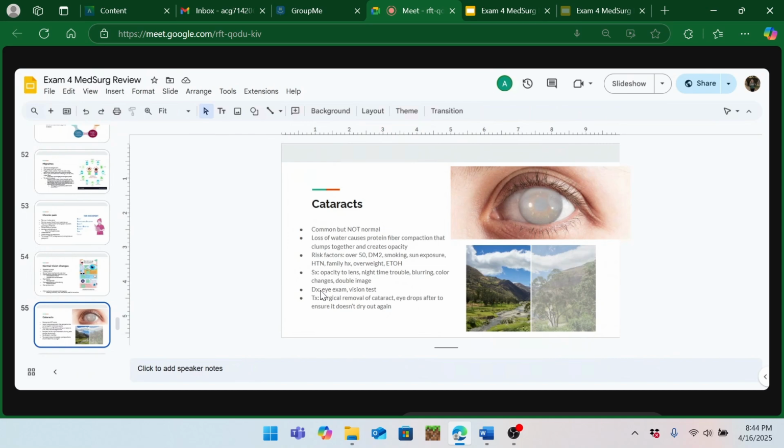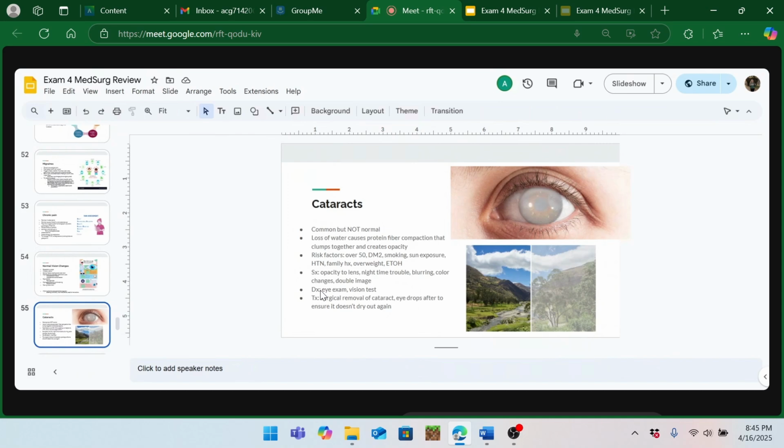Cataracts is common but not normal. She likes to use the word normal a lot, so know that. Basically, a loss of water causes the protein fibers to compact, and then when they clump together, you can't see through them. Risk factors are older age, diabetes, smoking, sun exposure, hypertension, family history, people that are overweight, people that drink alcohol.